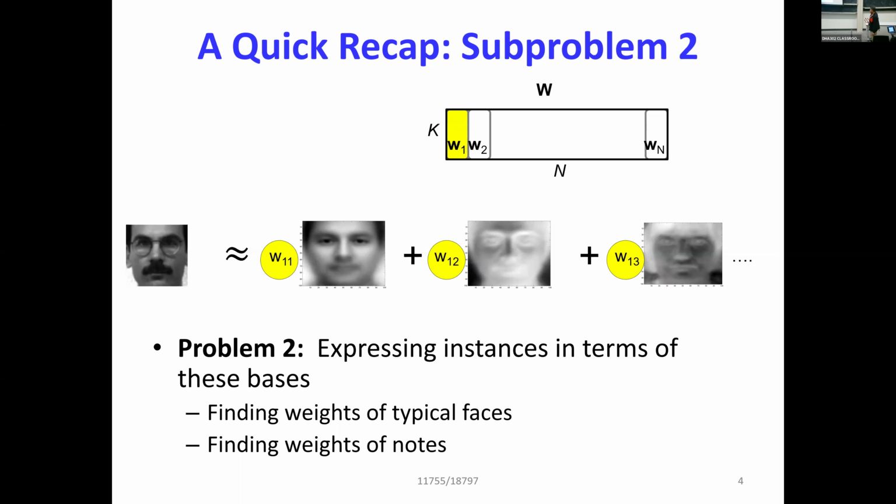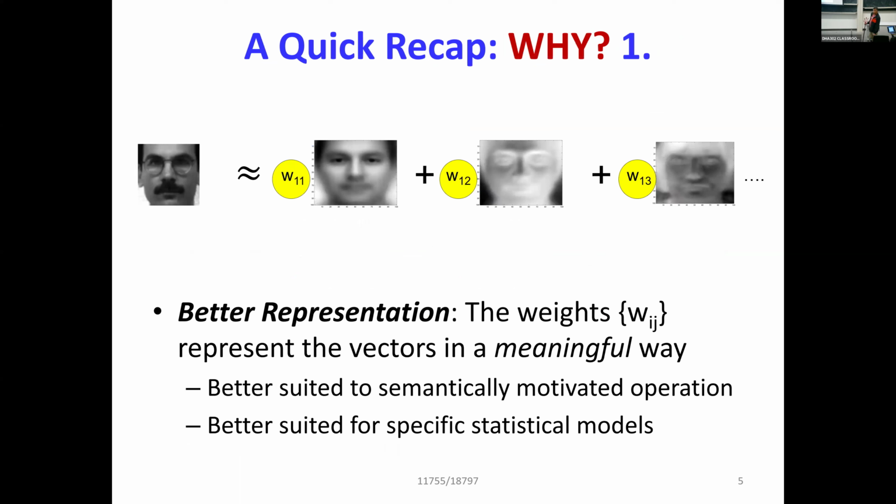And what would the benefit of this be? Most importantly, this is going to give you a better representation. If your bases are properly defined, then your representation is going to have some kind of semantic to it. For example, if notes are my bases, then I can just write a score. A human being could read the score and they know what the music is.